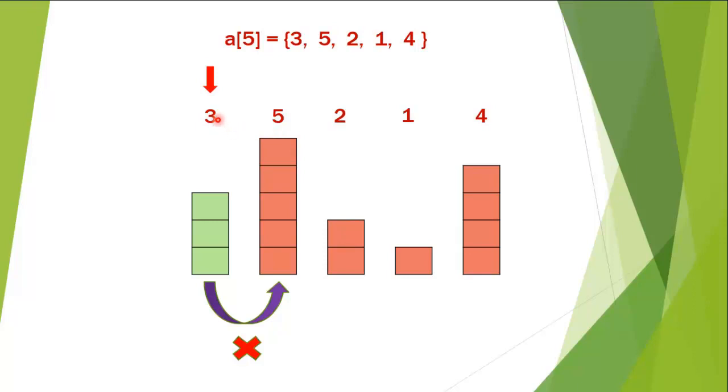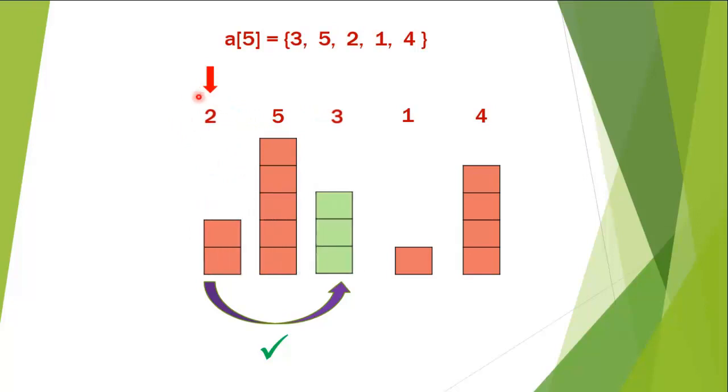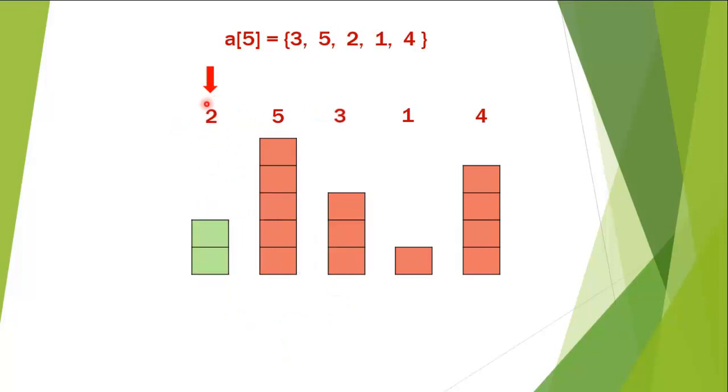So we compare this 3 with the next element, that is 2. Now in this case 2 is smaller, so we'll perform the swapping of 2 with the first element. So 2 will go to the selected element's position, that is the first element position. Now our selected element becomes 2.